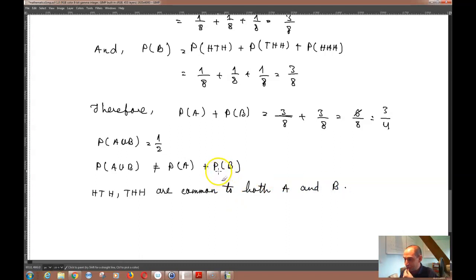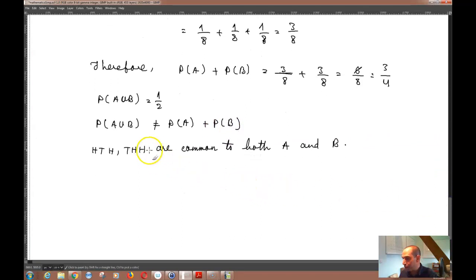In the computation of P of A plus P of B, the probabilities of points HDH and THH, that is the elements of A intersection B, are included twice.